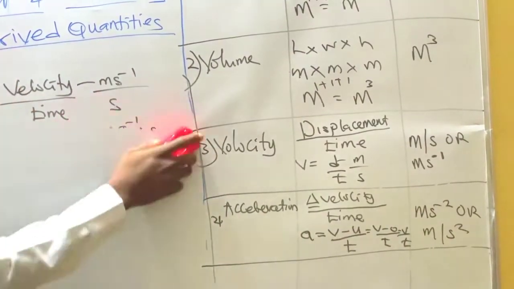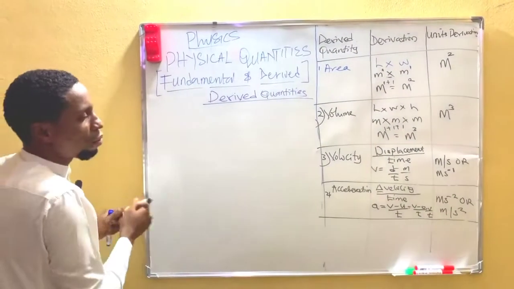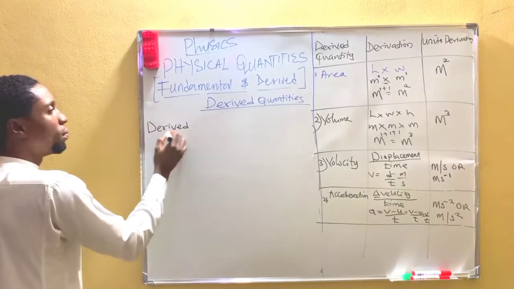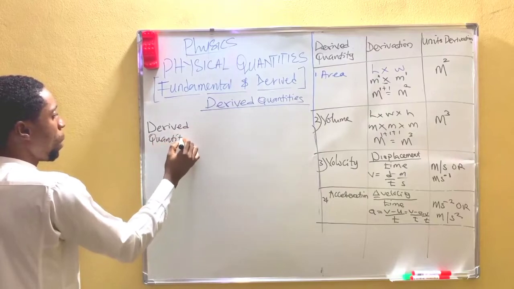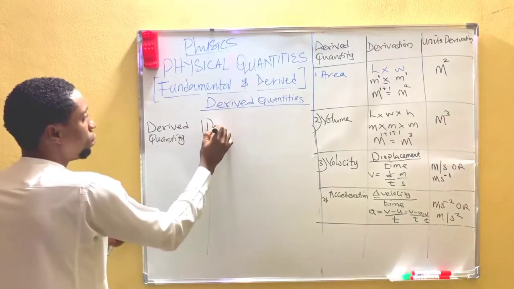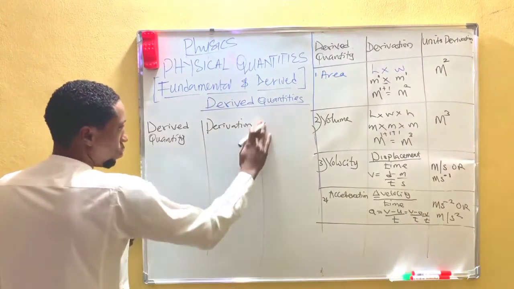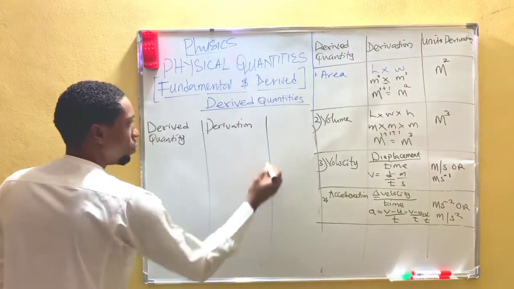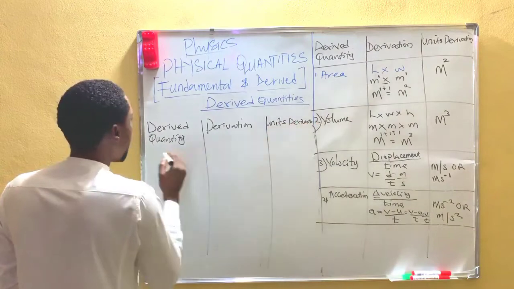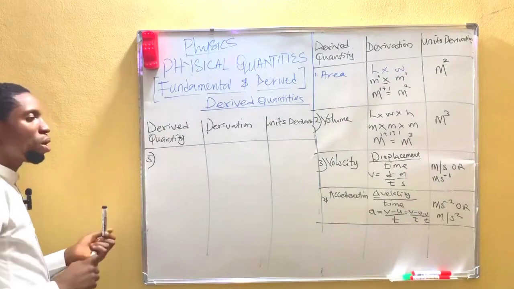Then we have number 5 on our list. We have what we call density.